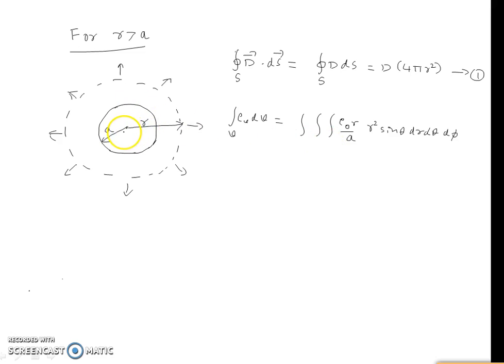But now in this case the charge is not present between this region, that is between a and r there is no charge. The charge is present only between 0 to a. So therefore the limits for r in this case are from 0 to a. But limits for phi and theta will be same, between 0 to 2 pi.